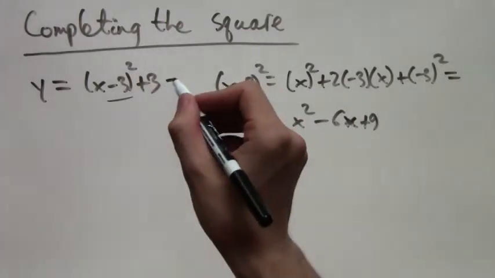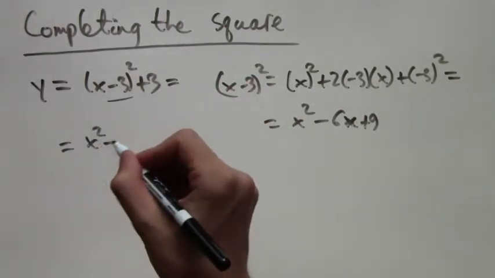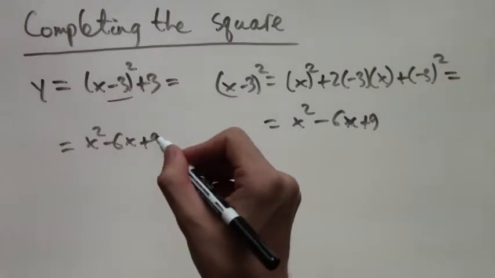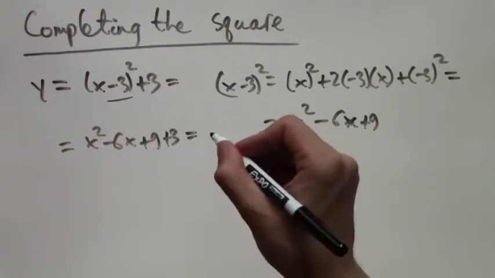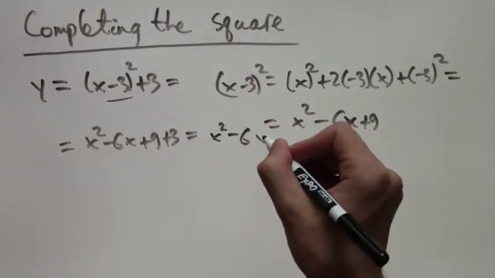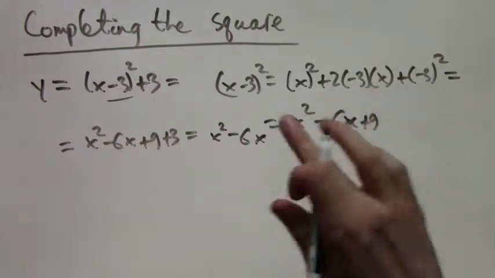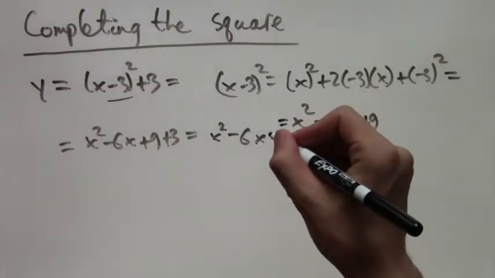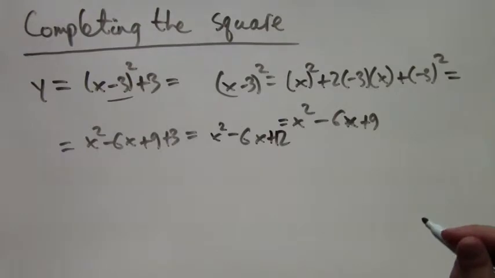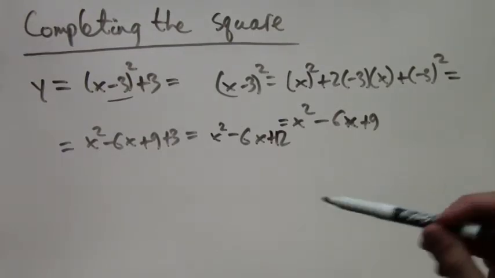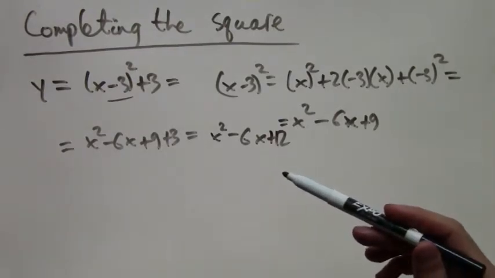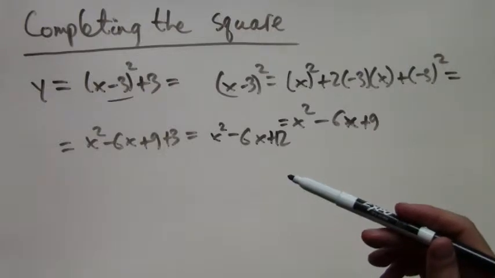And what's important to remember is that we have both the x squared and the negative 3 squared, and then we also have 2 times their product. And I'll explain in a minute why this is useful. So we've used this to expand our original function into what we call the standard form of a quadratic equation.